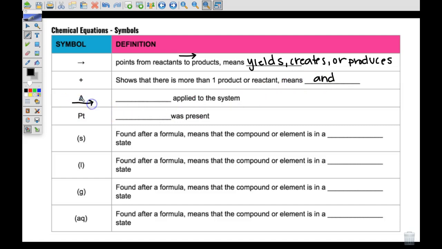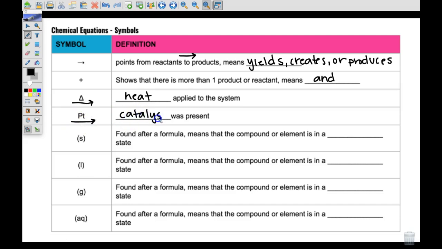If we see a triangle or a delta symbol over the yield arrow, that means heat was applied to the system, or that we heated something up. If we see a chemical symbol, not necessarily just platinum, but platinum is a really common example of this, that means that a catalyst was present.